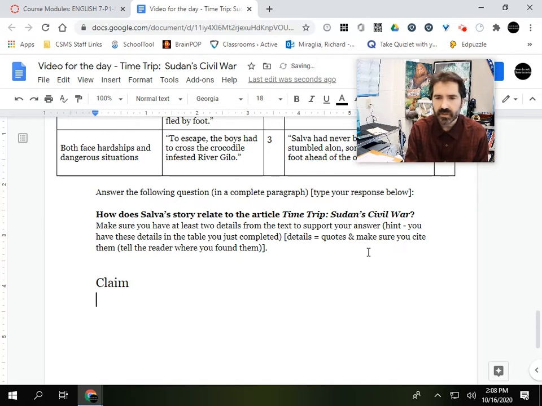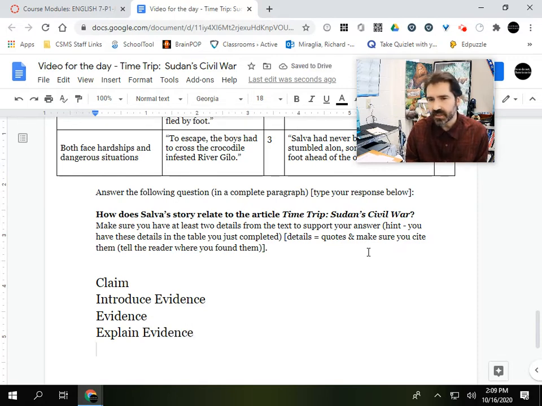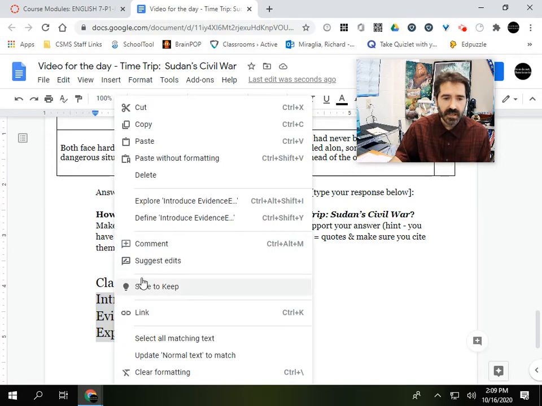Then you're going to introduce evidence, meaning a quote from the article or story, and then you're going to explain it. Sometimes you can do some of those steps in a single sentence or a couple of sentences, sometimes you have separate ones for each. And then you're going to do that again because it asks for 2 examples.